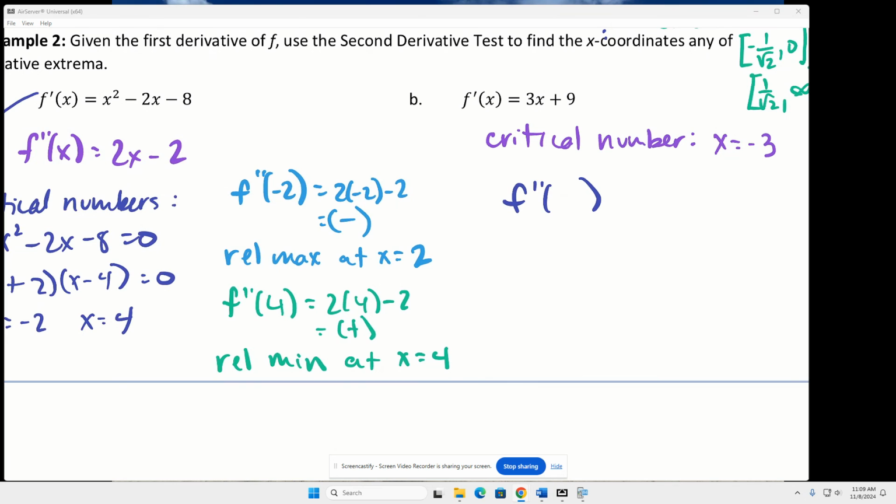Get ahead of myself. Second derivative is always 3. So what does that mean x equals -3 would be? Concave up, so yes.